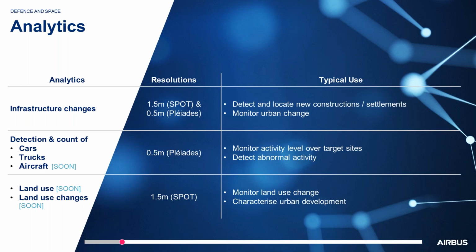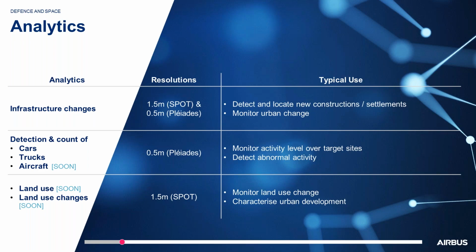Aircraft will be available in the next weeks and will be able to detect and count automatically the number of civil planes or military planes or again helicopters. Cars, trucks, and aircraft are based on 50 centimeter resolution images, and the typical use for this is to monitor activity level over target sites or detect abnormal activity.